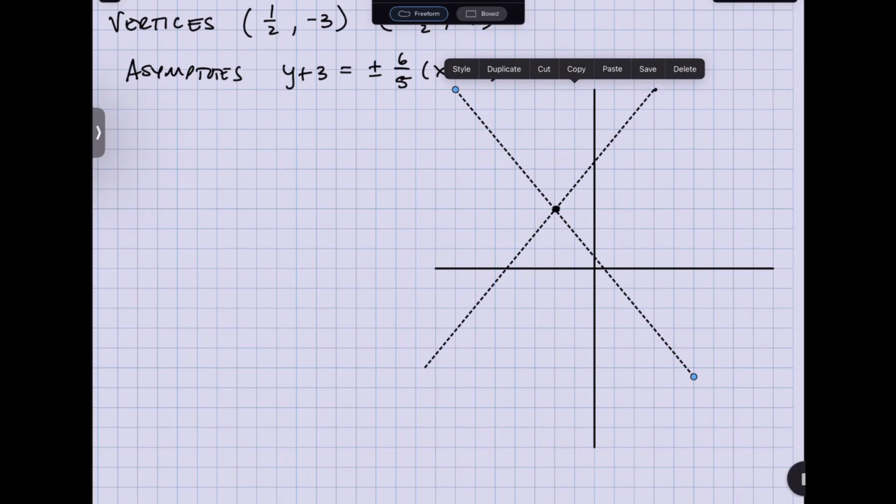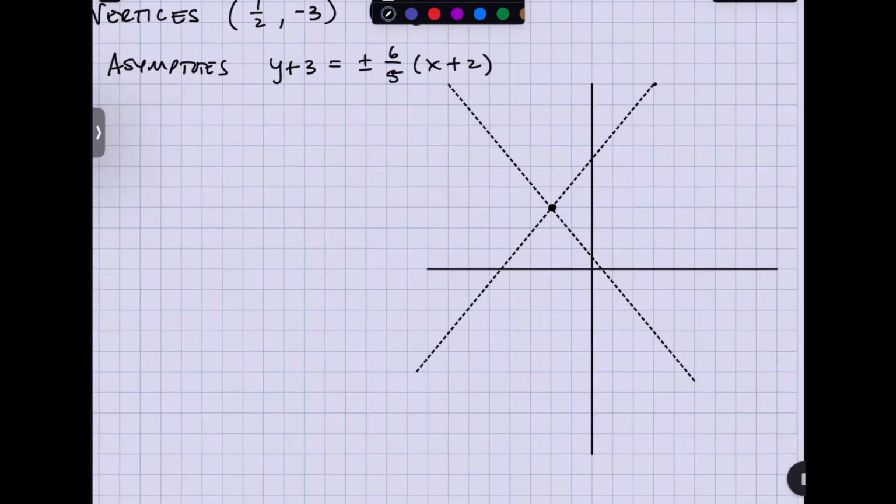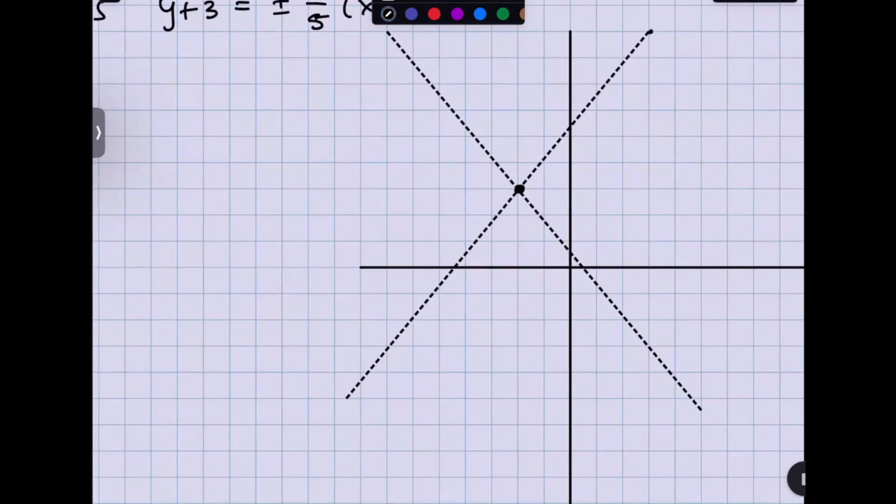Let me see where the vertices are. -1/2, 1/2, -3. So that is not the case. Interesting.